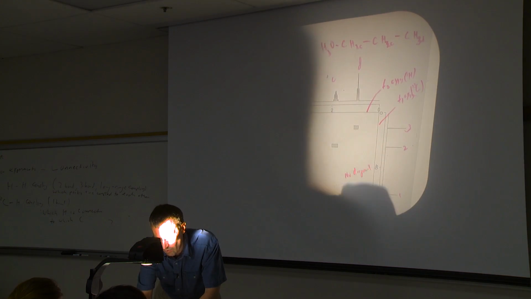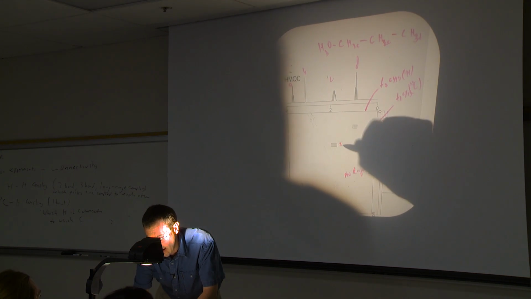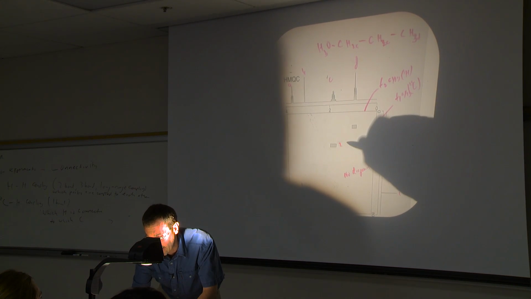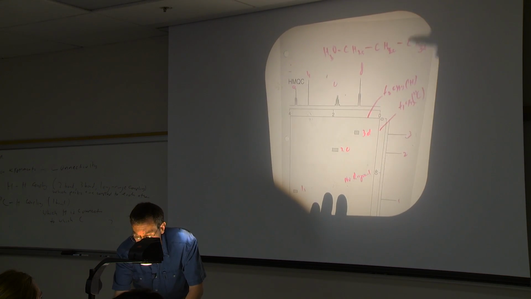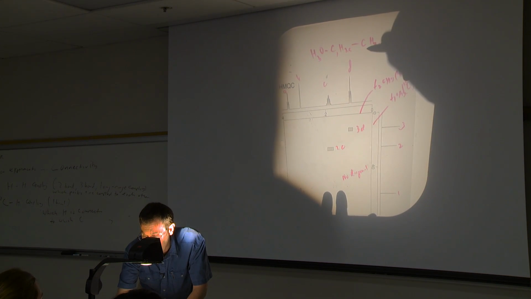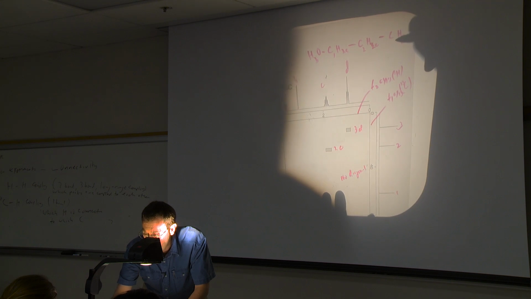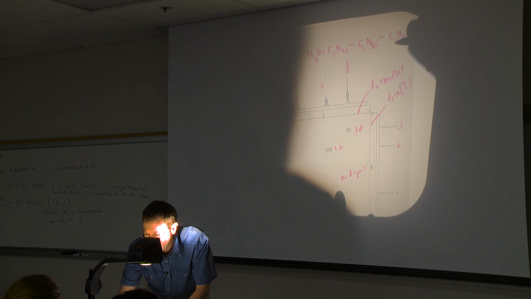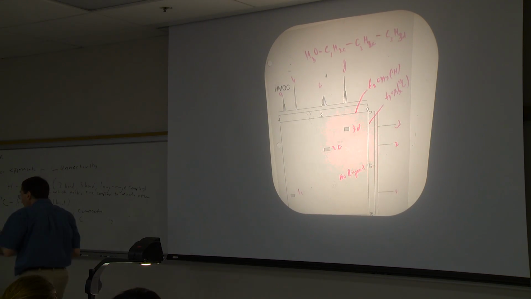So carbon number 1 is connected to A. Carbon number 2 is connected to C. And carbon number 3 is connected to D. In other words, if I wanted to, I could write my designations right down here. C1H2A, C2H2C, C3H3D. It's my way of annotating things.